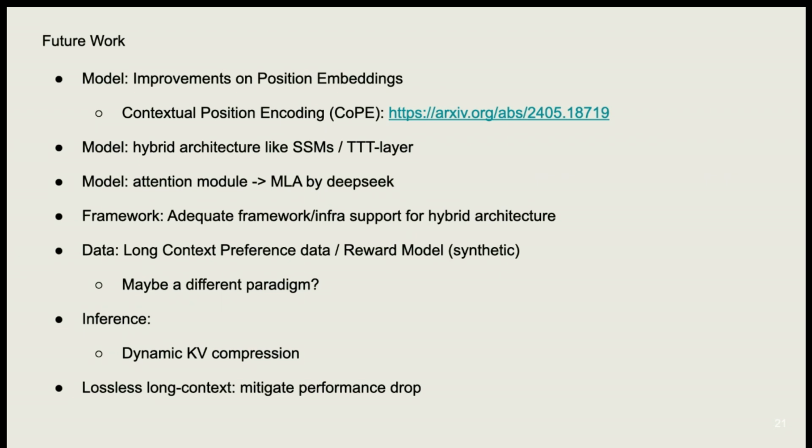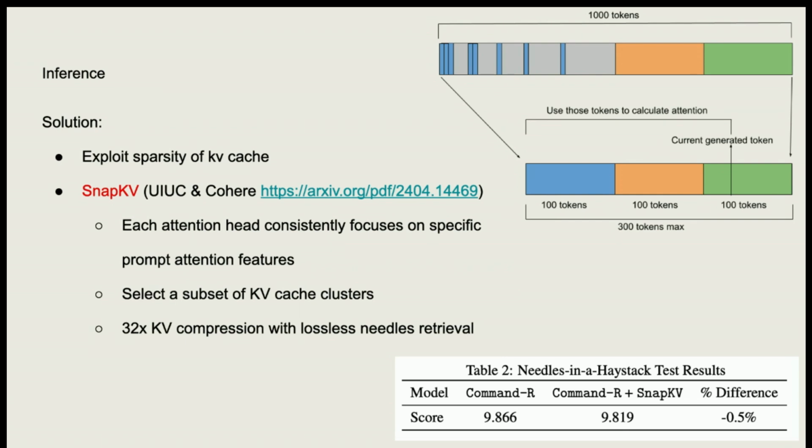And on the inference side, dynamic KV compression is something we are interested in exploring. So all the compression algorithms, like SnapKV, like everything else we showed so far, is static compression. That means you're asking a question and the model compresses the history based on the question you asked.